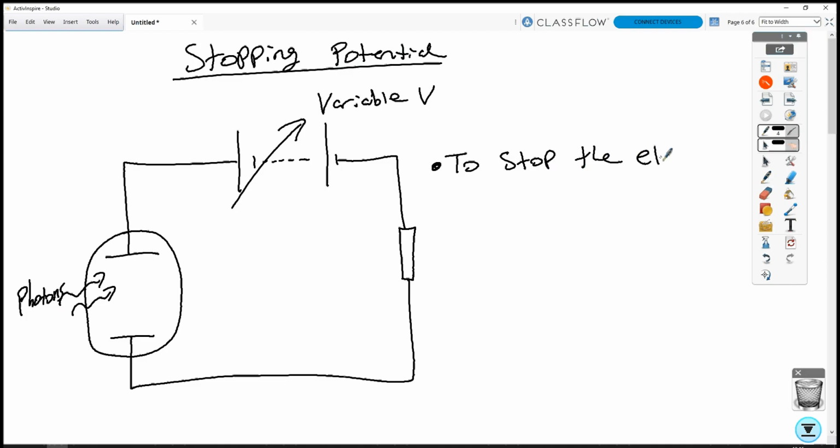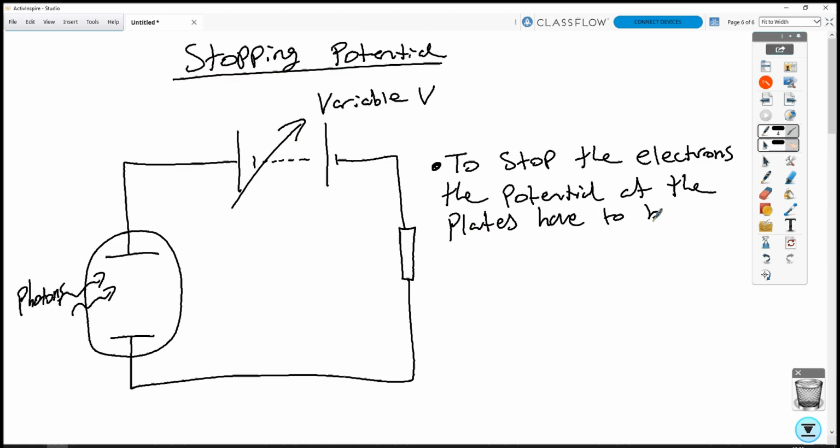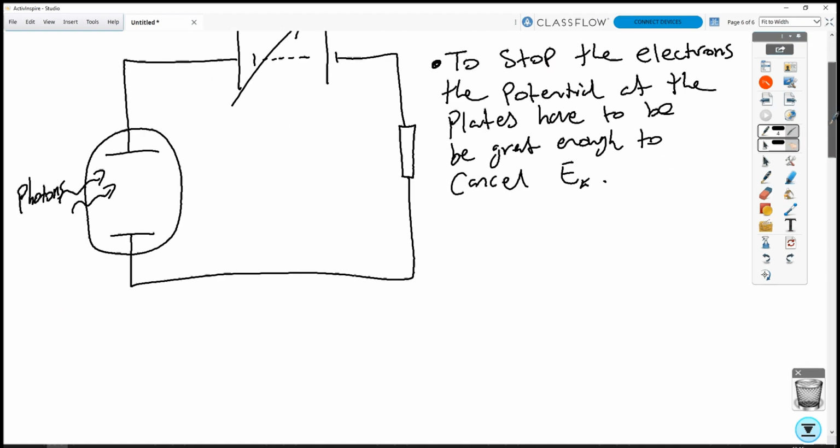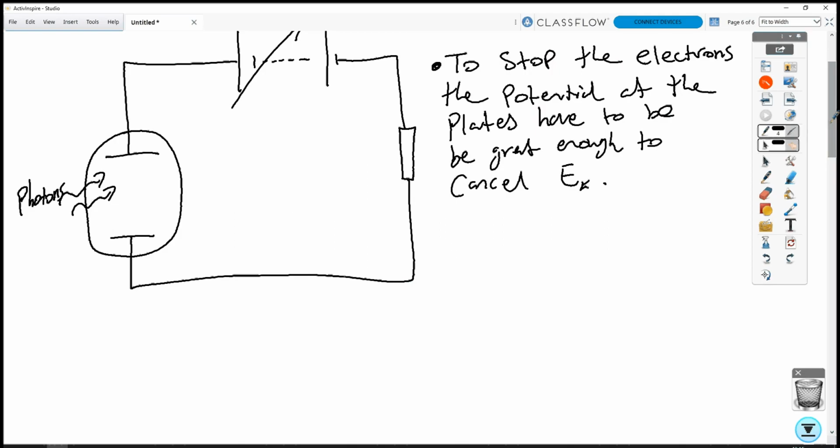To stop the electrons, the potential at the plates has to be great enough to cancel EK. So we go back to our Einstein equation again. hf equals phi plus EK.